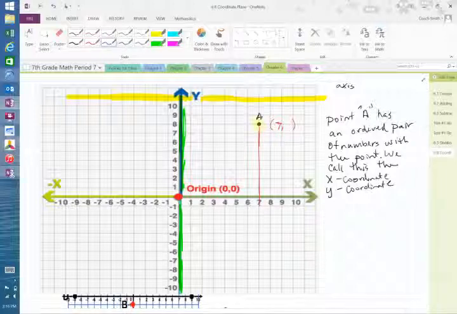If we look across to the left, we cross the y-axis at 8, so the y-coordinate is 8. So the ordered pair of numbers for that point is 7 and 8.